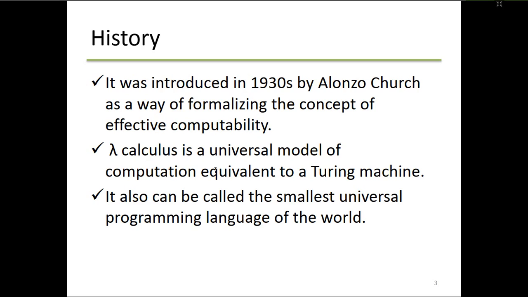So the mathematical functions that we write can be used as a minimal, or we can say the smallest, universal programming language for the world. Basically this lambda calculus is a universal model of computation, equivalent to the Turing machine. The Turing machine is considered the general purpose computer. Like that, lambda calculus also.